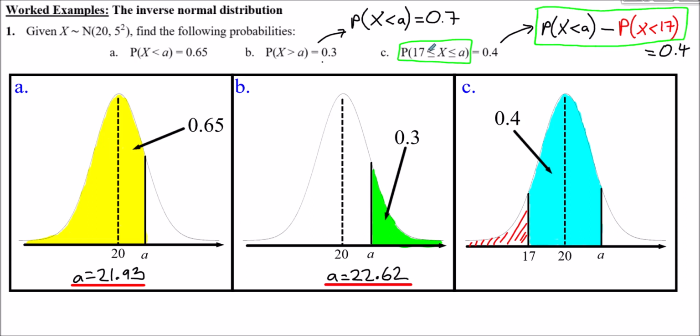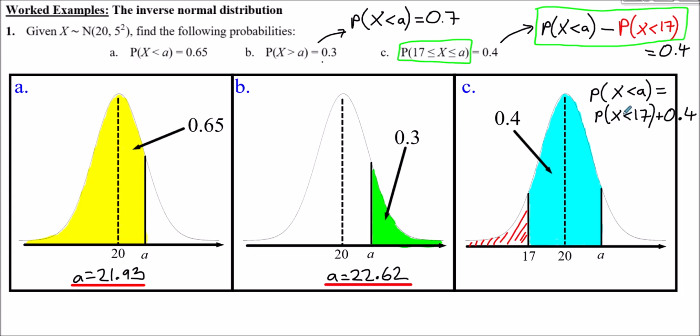Okay, this is the same as that. So now what we can do is rearrange this. So therefore we can say the probability of x being less than a, add this to both sides, is the same as the probability of it being less than 17 plus 0.4.